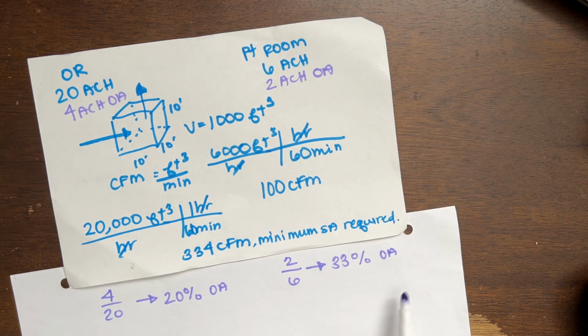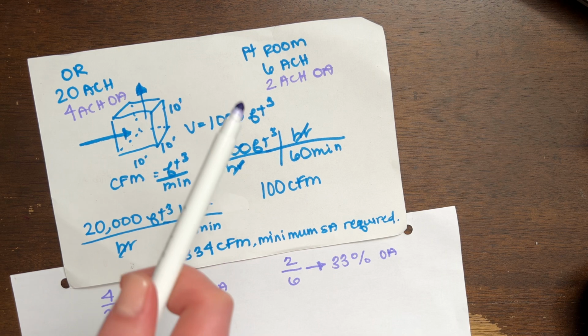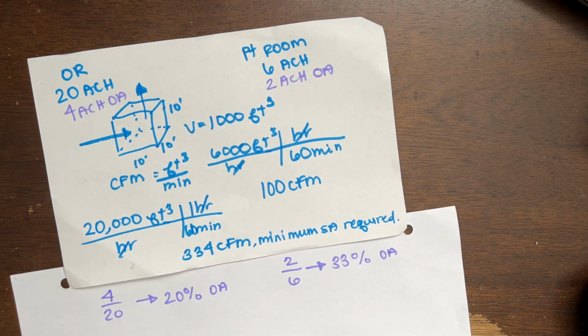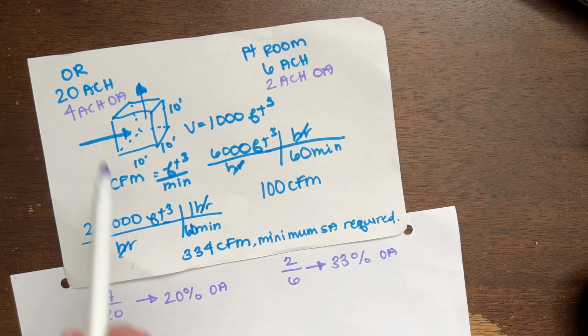So on our air handling unit, we would want to use this number to design our unit in the most efficient way. We're not oversupplying to meet our outside air percentage. We're supplying the minimum required to get this outside air percentage. And same with the operating room.